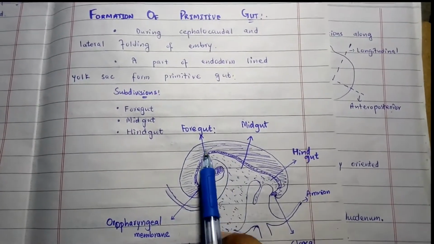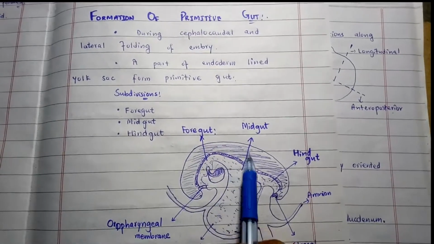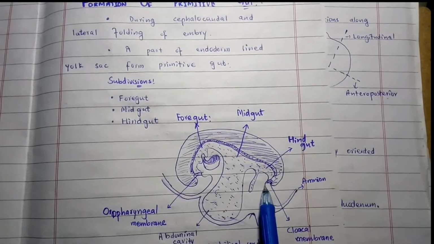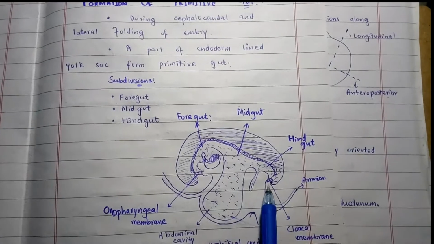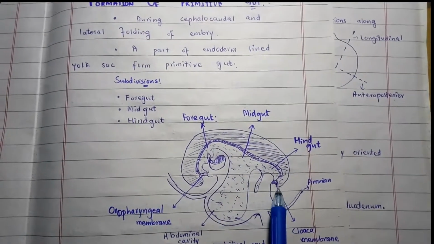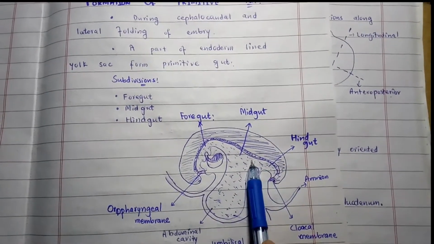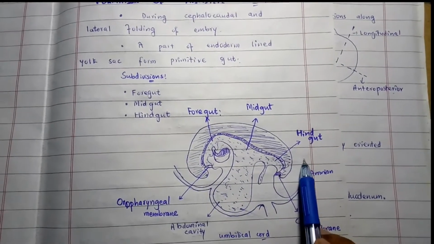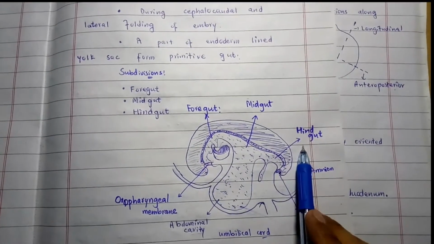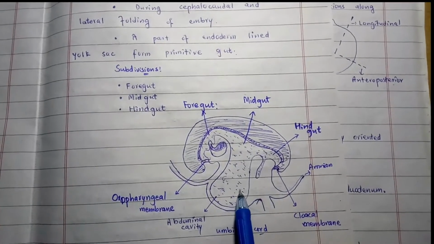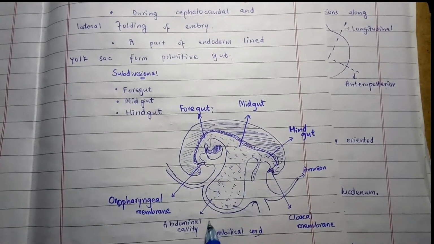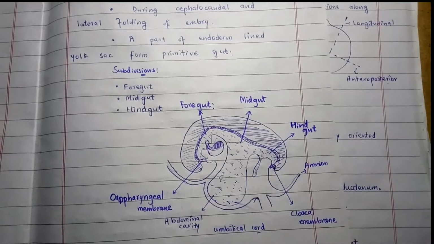The primitive gut has three subdivisions: foregut, midgut, and hindgut. This is the amnion, and here is the cloacal membrane. The part of the primitive gut near the cloacal membrane is the hindgut, and the cavity in which the primitive gut is present is the abdominal cavity.